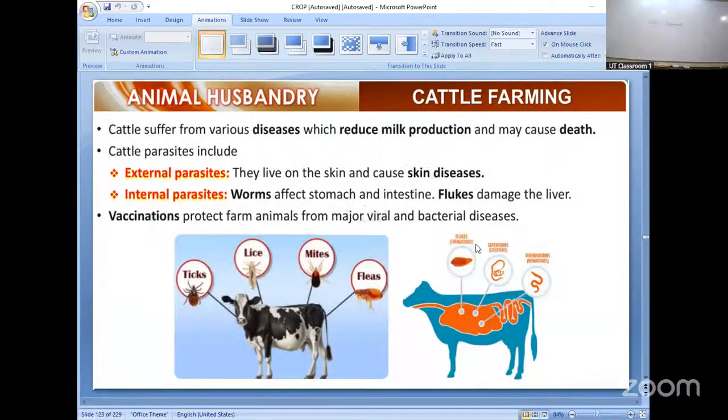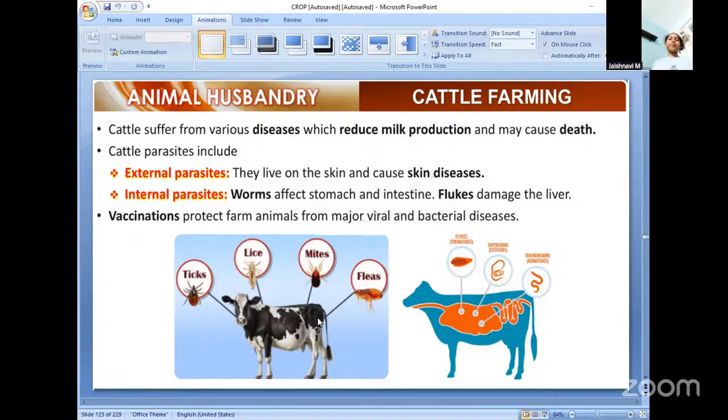They should be taken care of so that diseases will not be there, meaning cattle should not suffer from various diseases, right? Because this reduces the milk production, and we take milk from these animals.